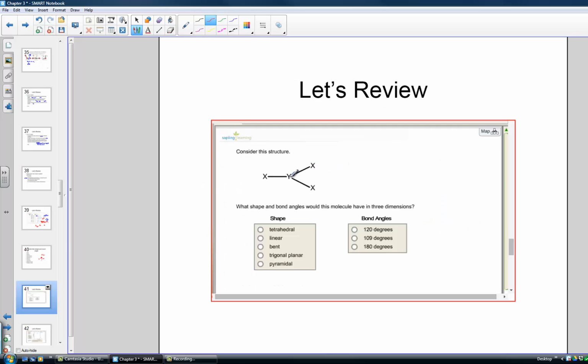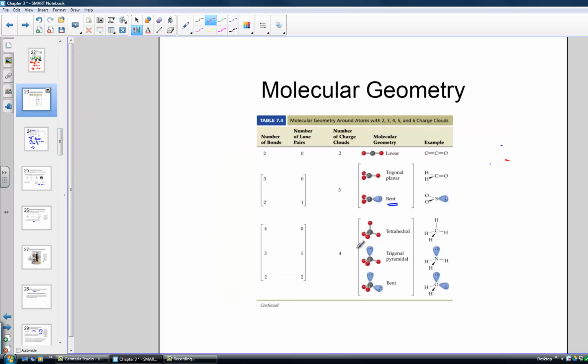Consider this structure. I have a central atom called Y and 3 attachments. What is the shape of this molecule and what bond angles would we expect? So again, this particular slide is just so handy when I keep coming back to it way up here at the early part of the lesson. This was pulled from your book. It makes it a very handy reference table.